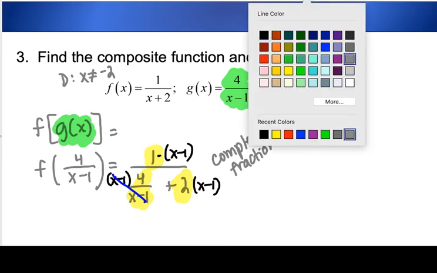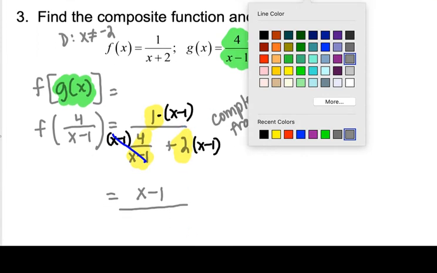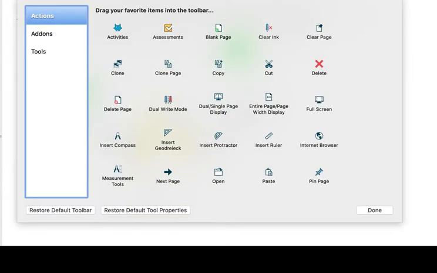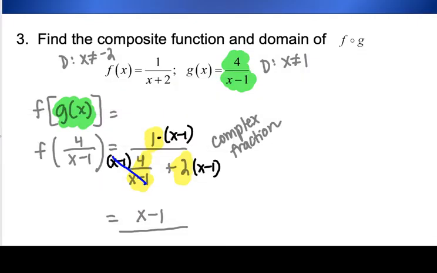So what that's going to leave me with in the numerator is 1 times x minus 1, which is x minus 1. And then in the denominator, I'm going to have 4 plus 2 times the quantity x minus 1.